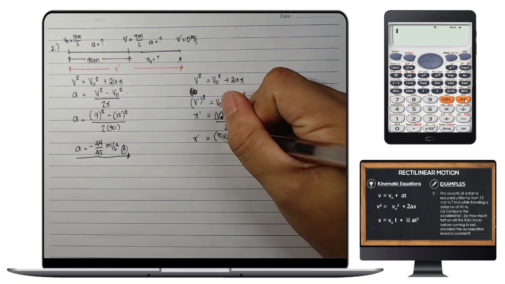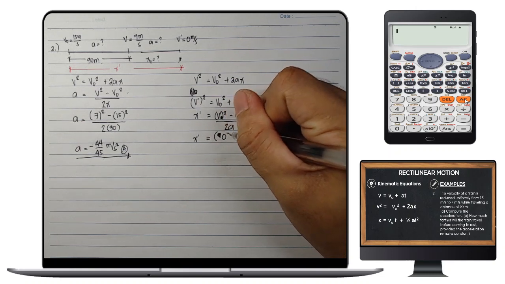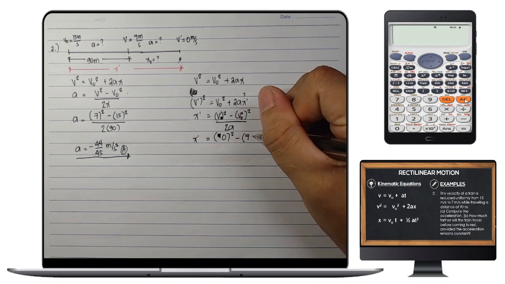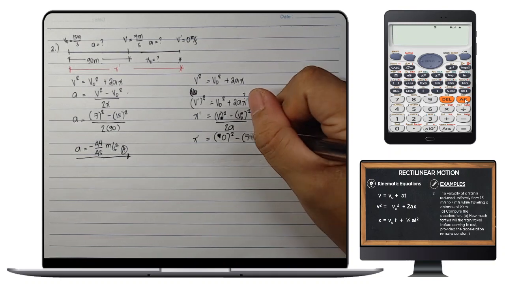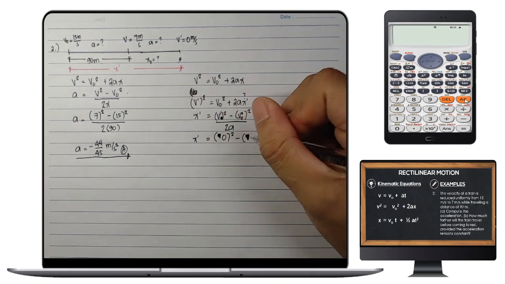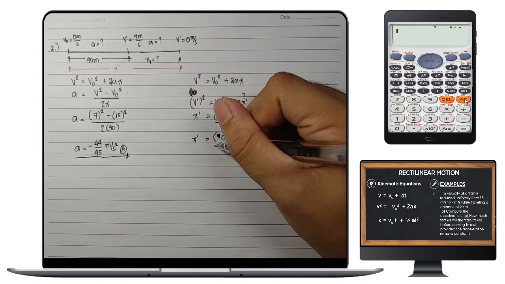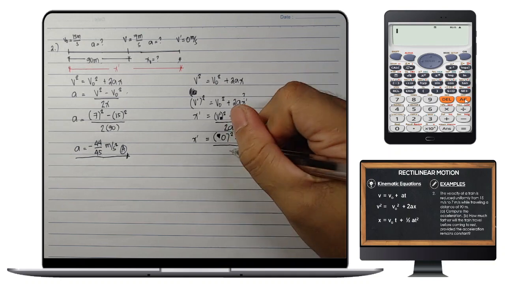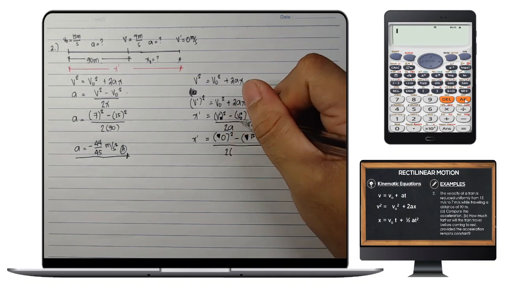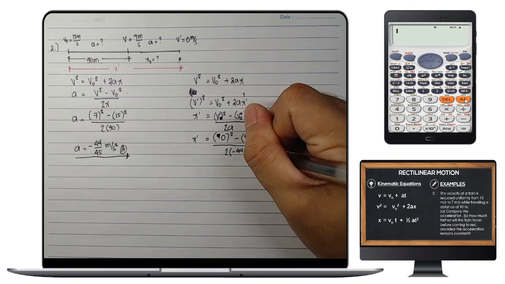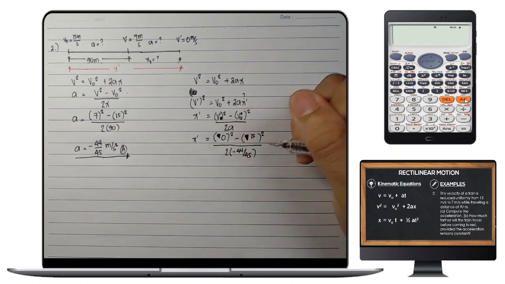So, V prime square, we have it as 0 squared minus, sorry, that should be 15, the initial. So, that is 15 square divided by 2a. So, a here, we are going to include the negative. So, negative, kasama yung sign, 44 over 45.